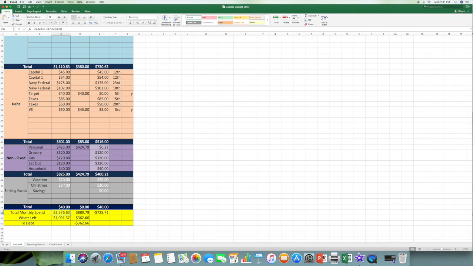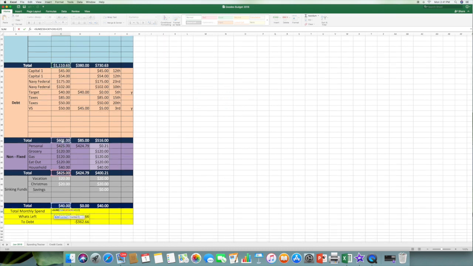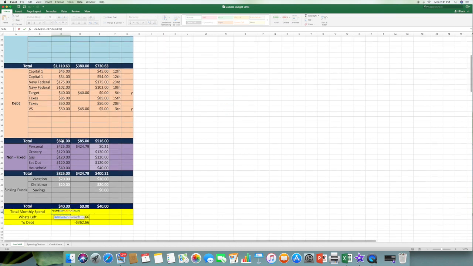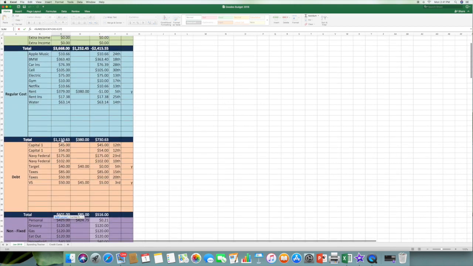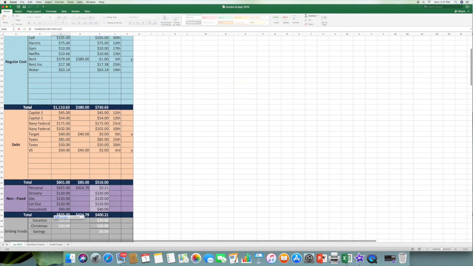So here, my total monthly spend is for all of the columns that I have in blue, and as you can see, it's giving you a sum. I have cell C53, which is this total, C47, which is the total for non-fixed, C41, which is the total of debt, and cell C27, which is the total for regular costs.